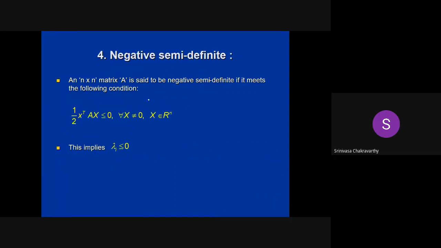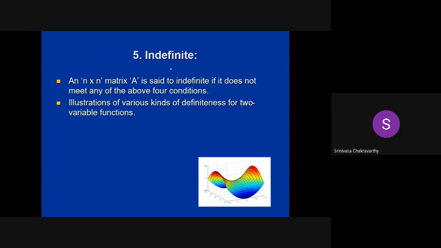Now a more relaxed version of the same thing: if the eigenvalues are not strictly negative but can be non-positive, then the function itself will be non-positive, can be 0 or negative for all x not equal to 0, and such a matrix is called negative semi-definite.